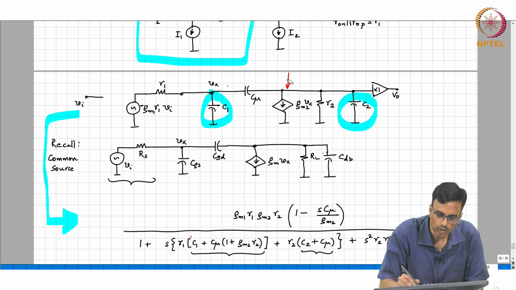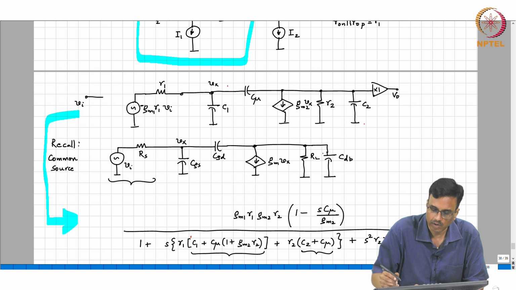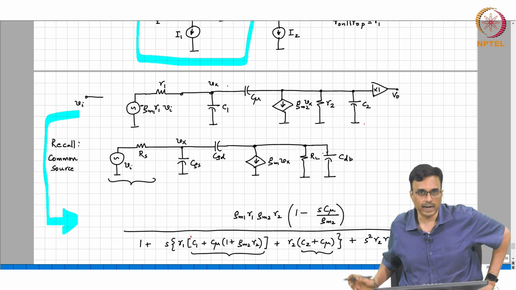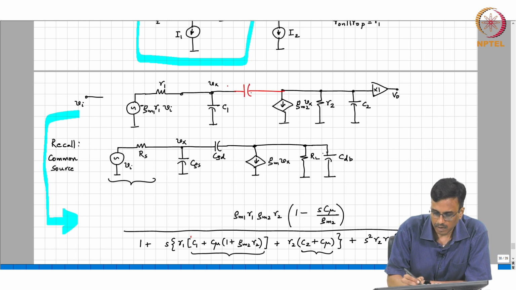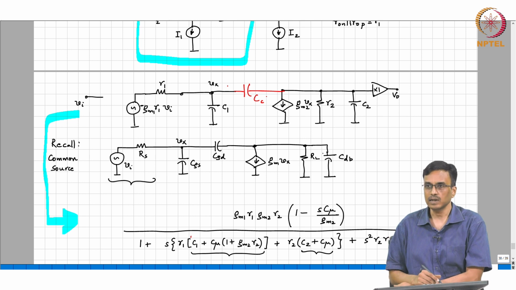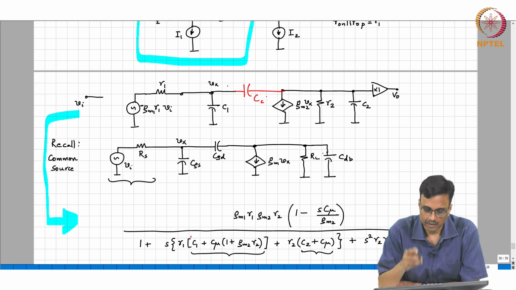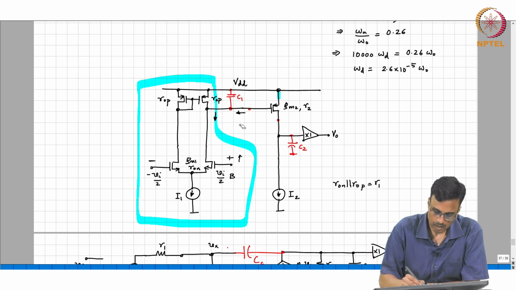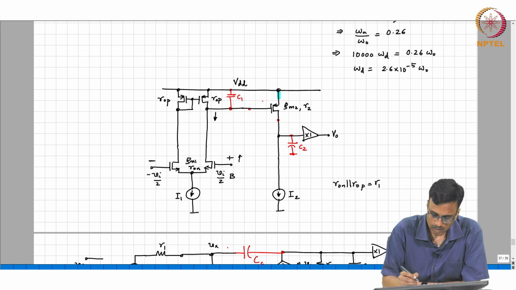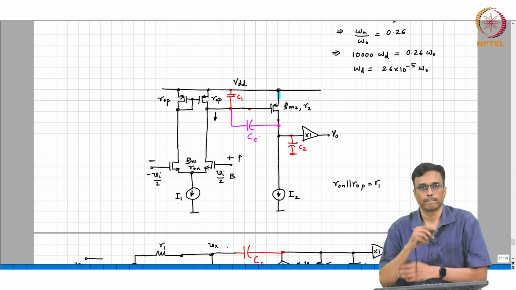So the smartest thing to do is basically say, well, neither C1 nor C2 get anything. You take a big fat capacitor and put it between the gate and the drain of the second stage. So this is the C sub C, right.